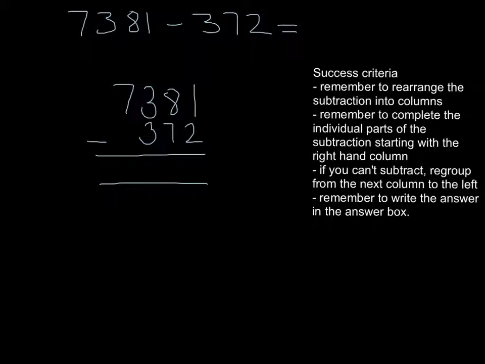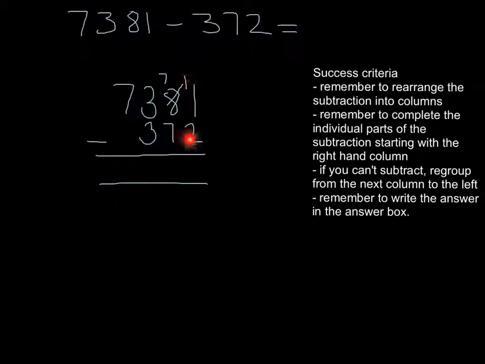So, 1 subtract 2, you can't do. So I'm going to regroup from the tens column, and that will go into my units. So the 1 will then become 11, but remember that because you've regrouped, the 8 then becomes the 7 to represent 70. Now we can do the calculation.